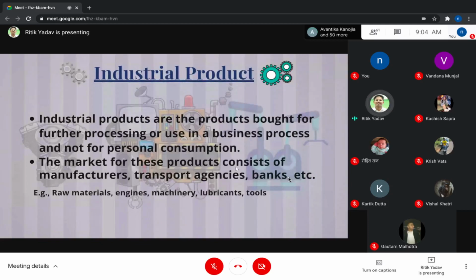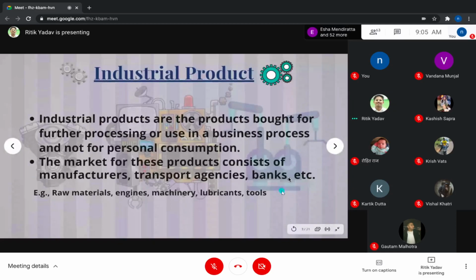The market of these products consists of manufacturers, transport agencies, banks, etc. We can also have some examples here: raw materials used in factories, engines, machinery used in factories or companies, lubricants, oils, tools, etc. They are the common examples of industrial products.